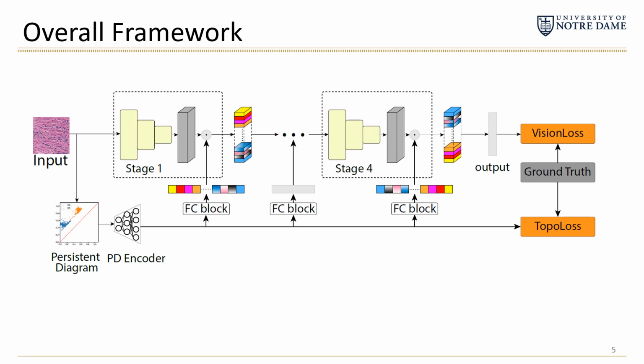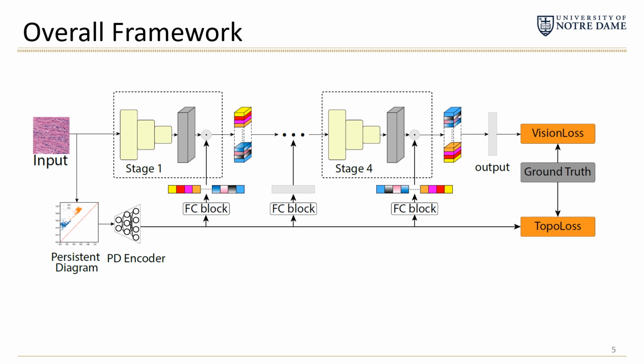This is the overall structure of our proposed framework. It has two branches. The top branch is a common CNN or transformer network, which hierarchically extracts the vision features, and the bottom branch is our proposed persistent diagram encoder. Specifically, we treat the persistent diagram as a point cloud and design a persistent diagram encoder to encode it into a one-dimensional feature vector.